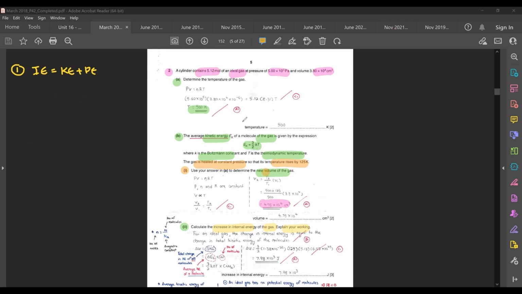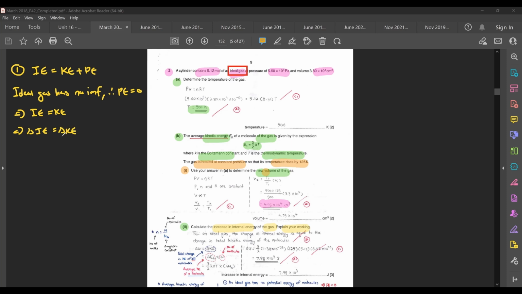But since this is an ideal gas currently, they've already mentioned it to you here. You know that ideal gas has no intermolecular force. Therefore, PE is 0. So from here, internal energy of ideal gas is just its kinetic energy, such that any change in its internal energy is really just the change in the kinetic energy of the gas.